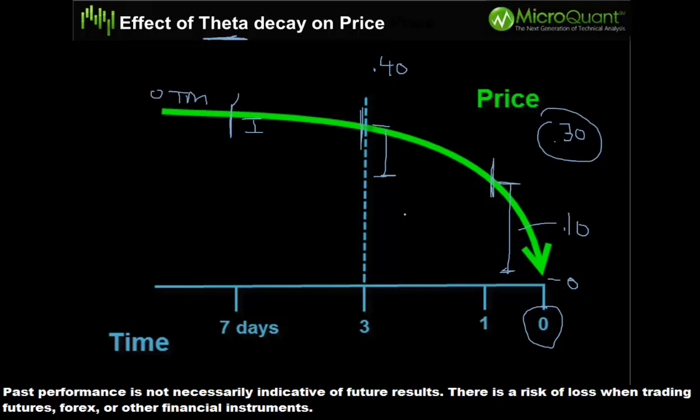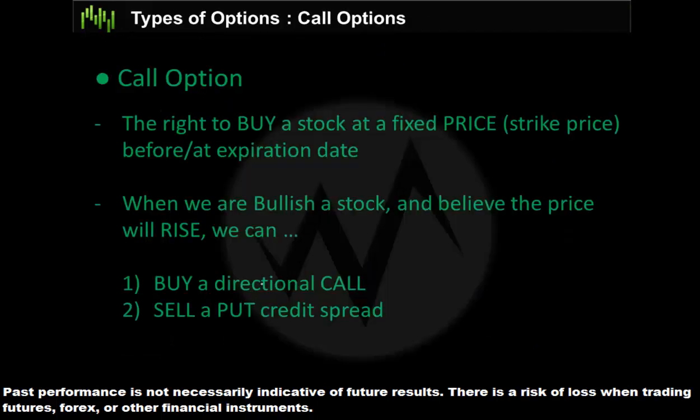Okay, I'll show you that, but I just want you to understand and visualize how theta decay works on the price of the option. Okay, any questions so far? Okay, I think that's the most complicated theoretical idea I'm trying to convey tonight. So if you got that, we're okay right now.